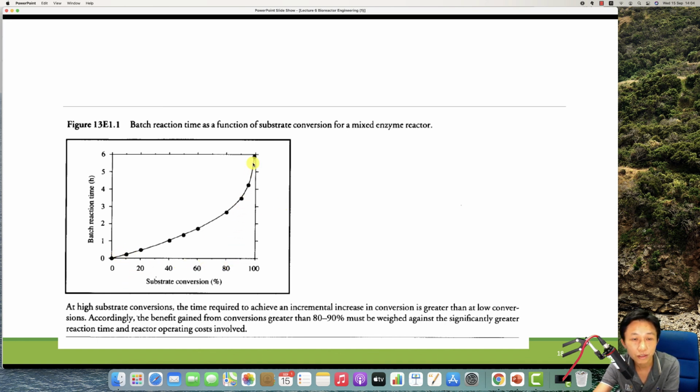Again, if you want to have more conversion, you need to wait quite long, like 5 hours for this 90-something percent conversion, for the maximum.